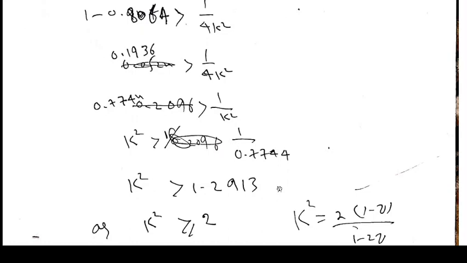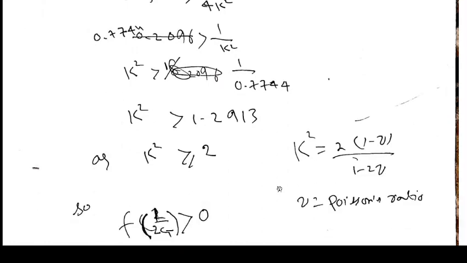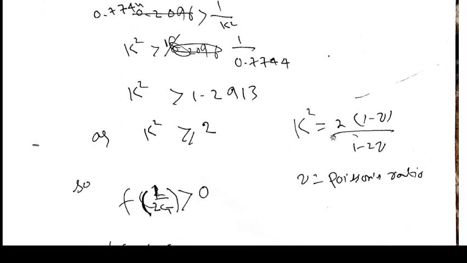It will depend on the range of this kappa, this material constant. We know that kappa square in terms of the Poisson ratio of the material is this.